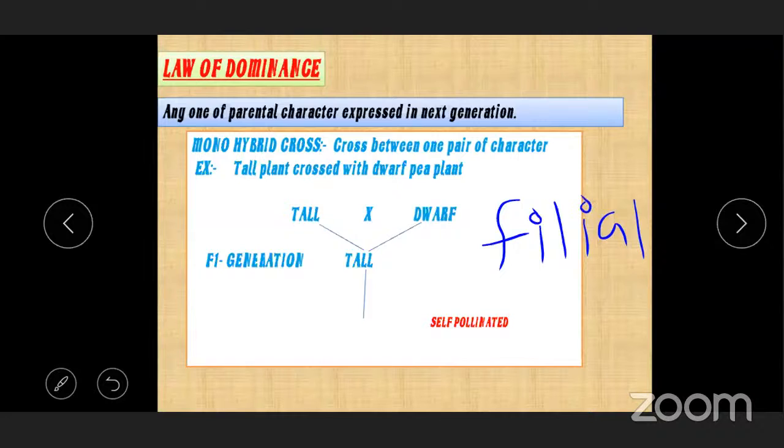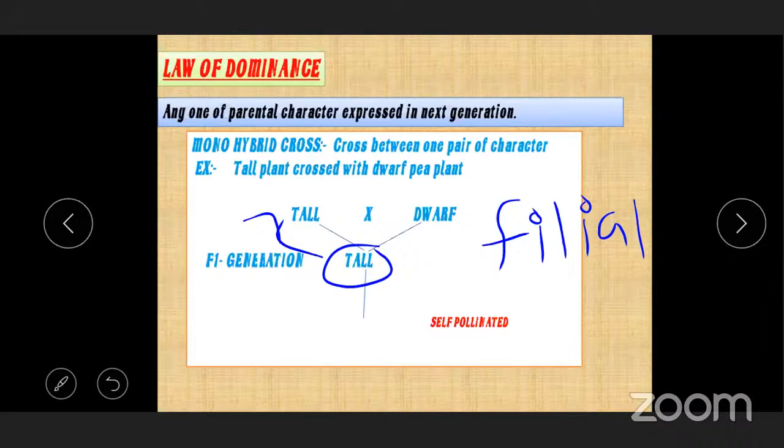Tall plants will be produced. Is there any tall in the parents? Yes. So what is the law of dominance? Any one of the parental characters is expressed in the next generation. Yes, as usual, tall will be produced. Tall is there in the parents. That is why the law of dominance is satisfied here.